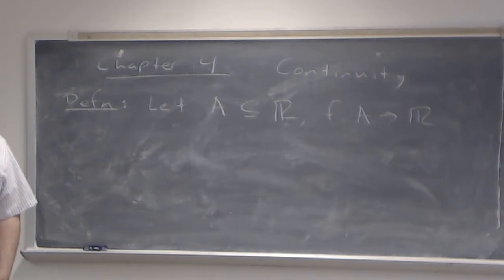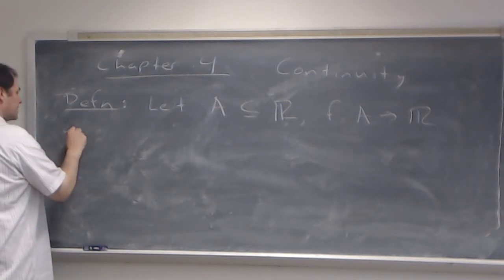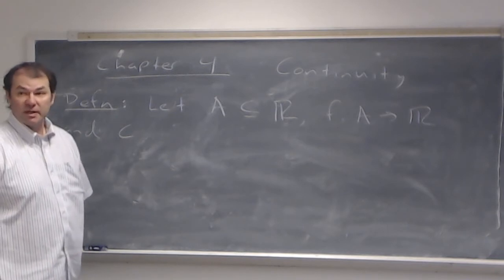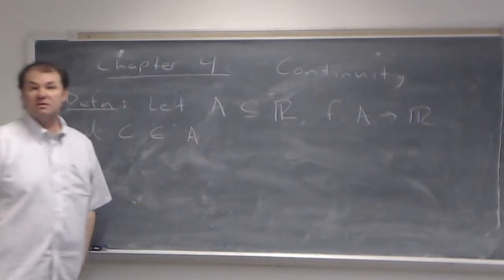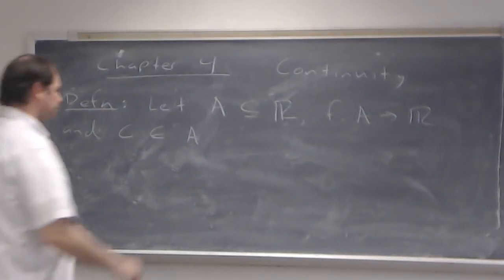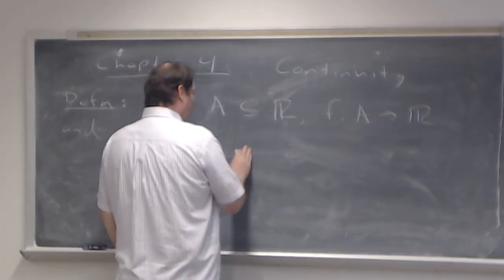We let c, normally we say be a cluster point, but here we don't. We say let c be an element of A. So we don't know whether c is a cluster point or not, but it's in A.